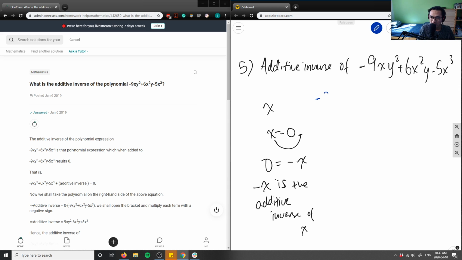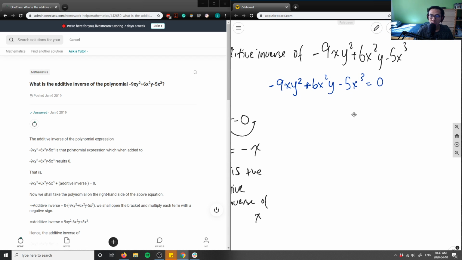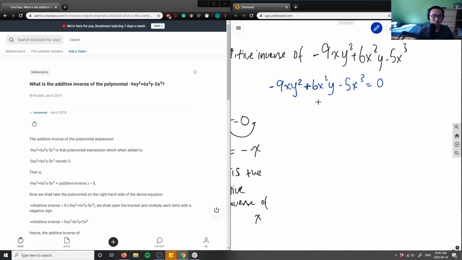So negative 9xy squared plus 6x squared y minus 5x cubed equals 0. I'm going to set this to 0, and I'm going to move everything to the other side. So let's do that. If I have negative 9xy squared, I'm going to do the opposite operation, plus 9xy squared to both sides, right?